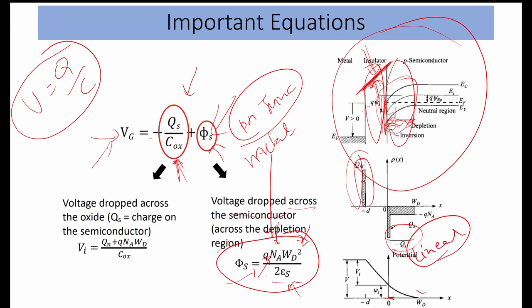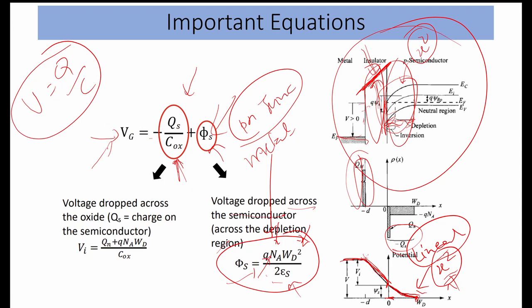The potential that we have applied is a constant potential here, and after that it becomes negative. From this point to Wd, it depends on x square, so it is parabolic in nature.